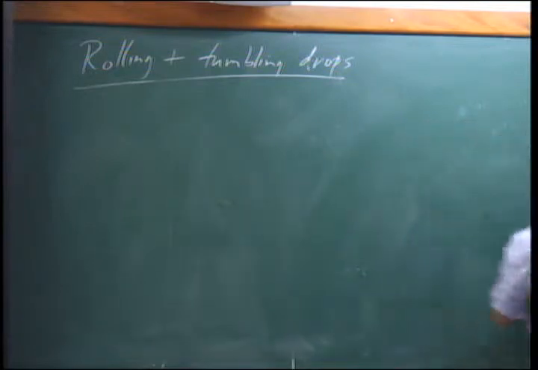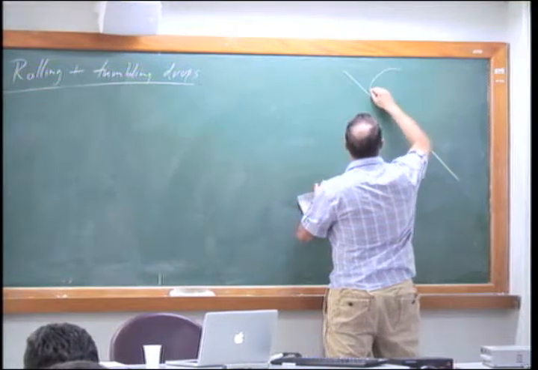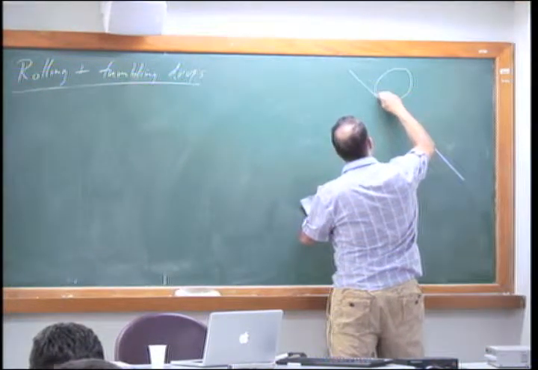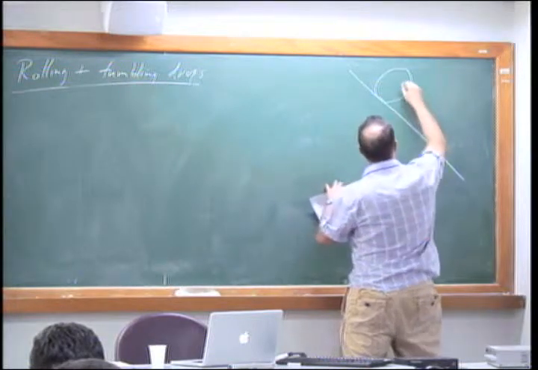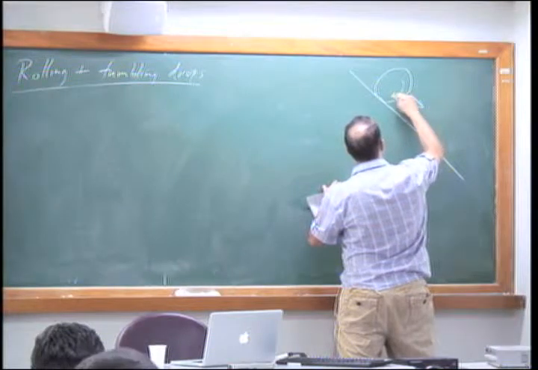Okay, so basically you have a drop running down a hill, and it's going to rotate as it goes.